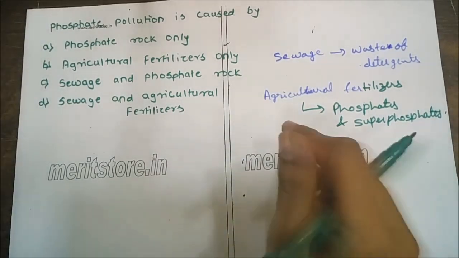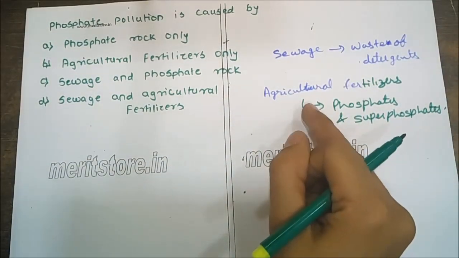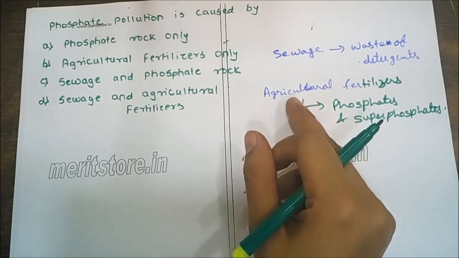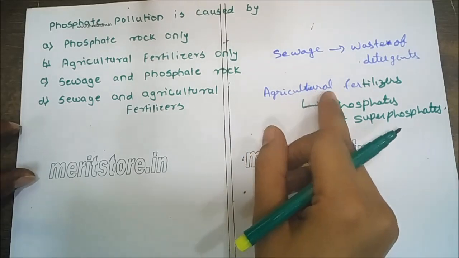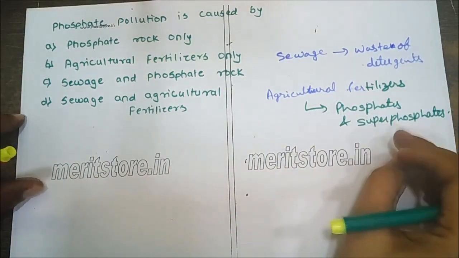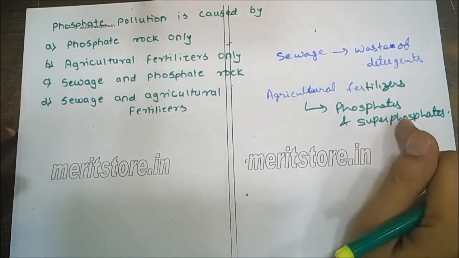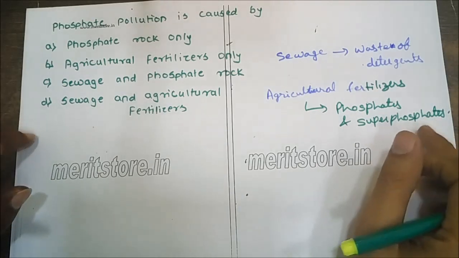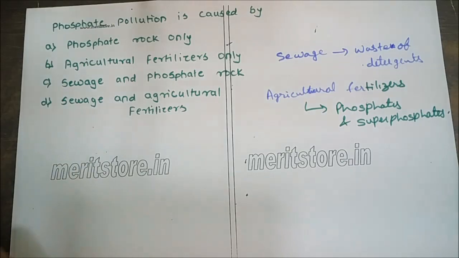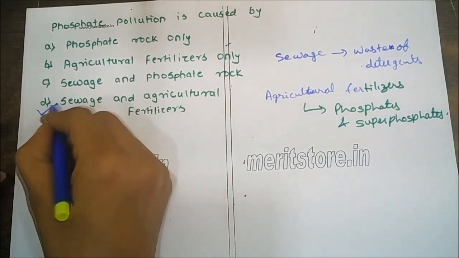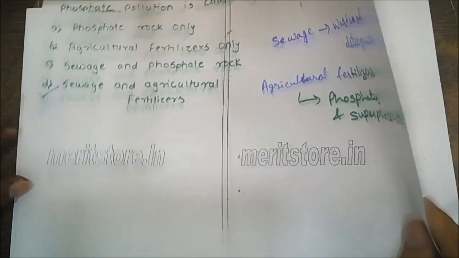So, the sewage water and the water from agricultural fertilizers, the waste is rich in phosphates and superphosphates, and it causes the phosphate pollution. So, it is mainly by sewage and agricultural fertilizers.